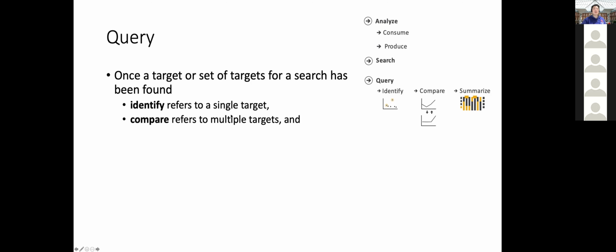Compare would be, say, again in the previous examples, if you remember, you can try to find the person with the most connections in the organization chart. Then you look at different people and compare how many connections they have. So that's still a query, but in this case you are not identifying, because it's a little bit different, and you compare multiple.